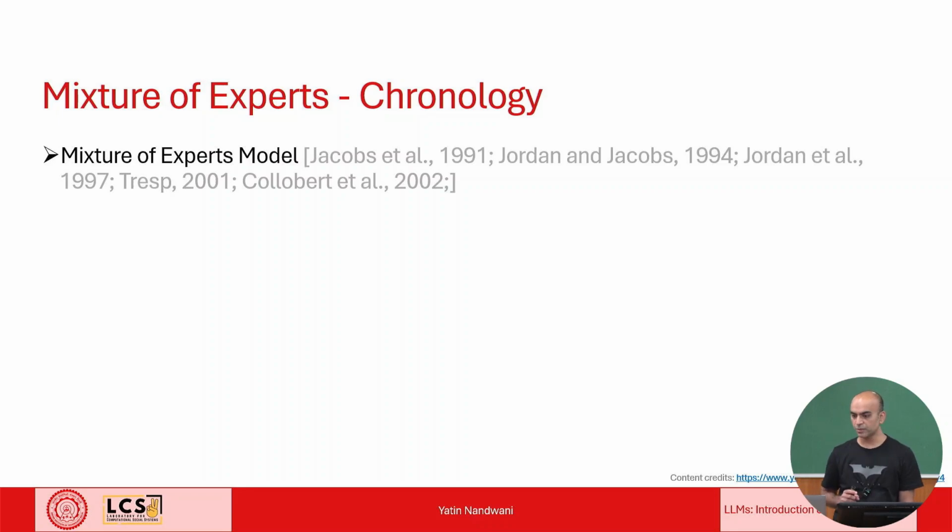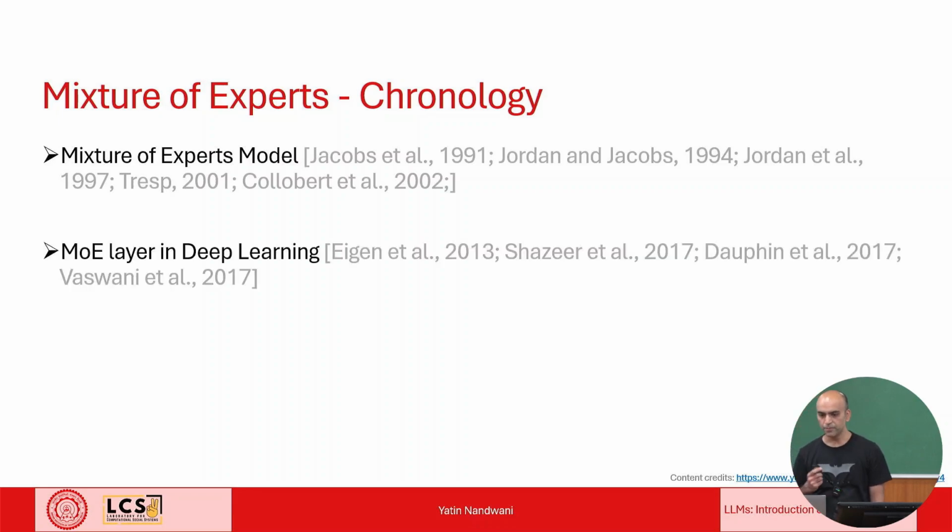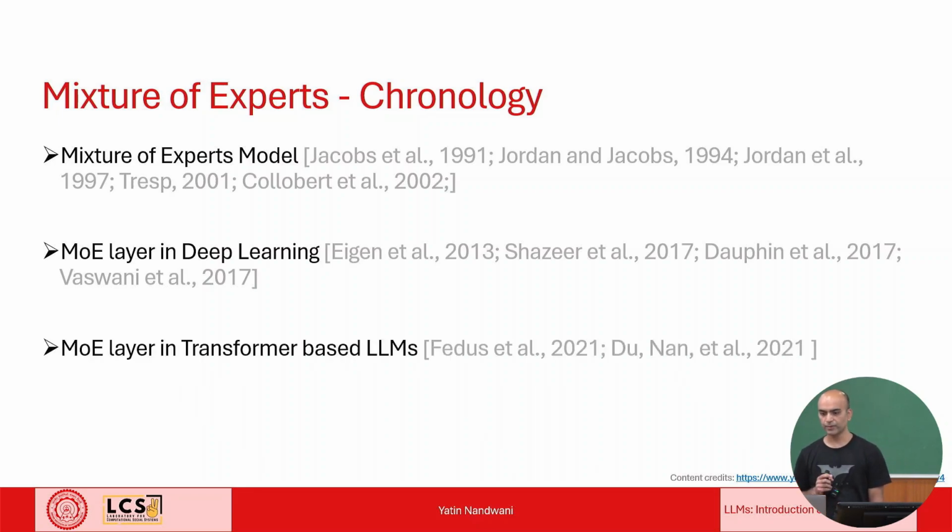Let's look at the chronology of how mixture of experts models progressed. They were first introduced in 1991, where each expert could be a neural network, an SVM, or a Gaussian mixture. Then in 2013, Eigen et al. used MoE as a layer in deep learning. Then in 2021, at Google Brain, they created the Switch Transformer, where the MoE layer was used in a transformer-based large language model.